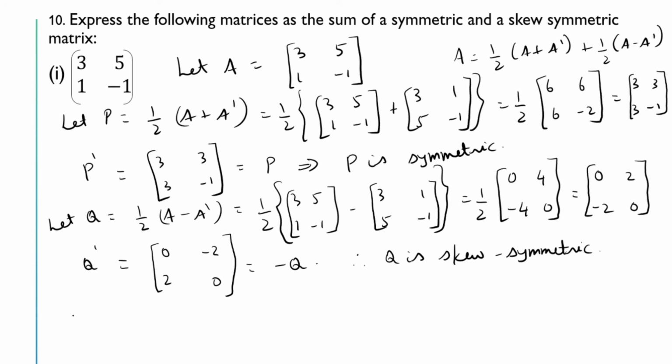Therefore, we can write A as P plus Q. So, when we take P plus Q, when we add these two matrices, P is this matrix 3, 3, 3 minus 1, plus Q is this matrix 0, 2, minus 2, 0.